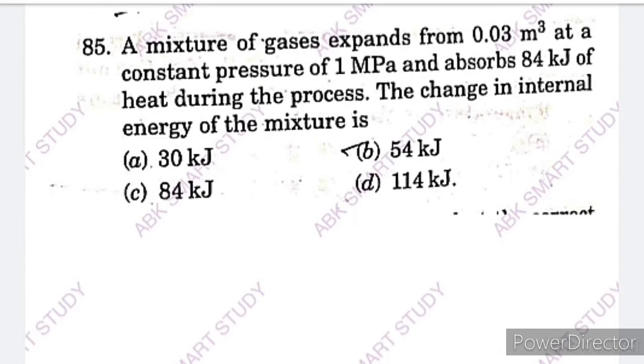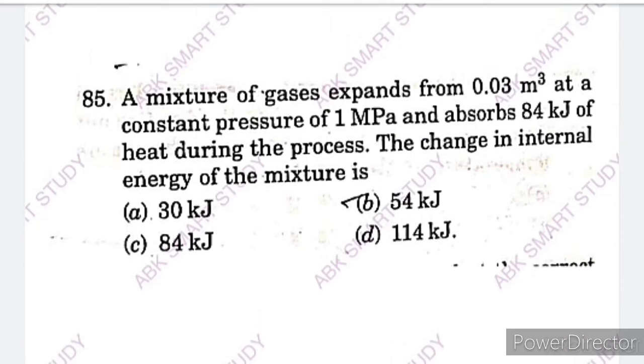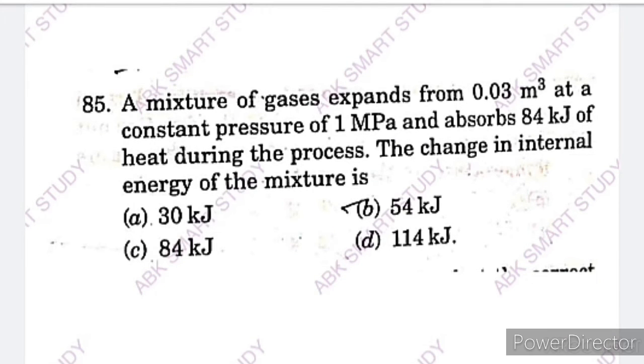A mixture of gases expands from 0.06 to 0.03 meter cube at a constant pressure of 1 megapascal and absorbs 84 kilojoule of heat during the process. Then the change of internal energy of the mixture. So here volume changes from 0.06 to 0.03 meter cube.